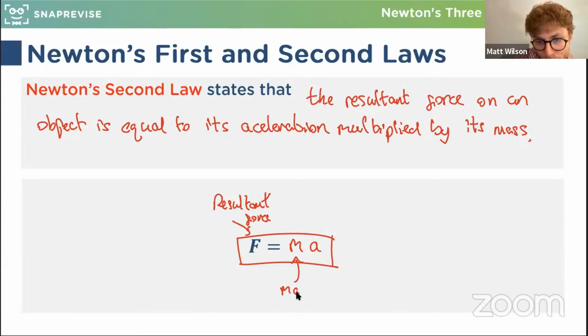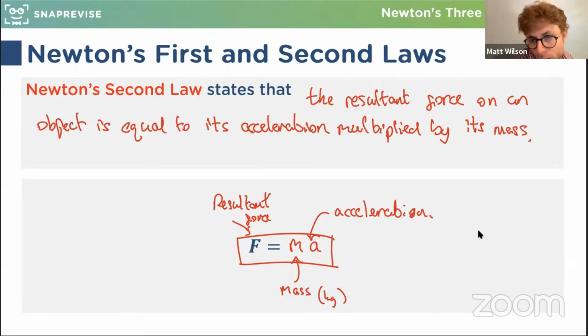So recall here, this m here represents the mass. It's typically measured in kilograms. The acceleration here, well, the a here represents the acceleration. I think I missed a C before when I spelled this. Acceleration. Yeah, there should be another C there. There you go. And the acceleration is in meters per second squared.